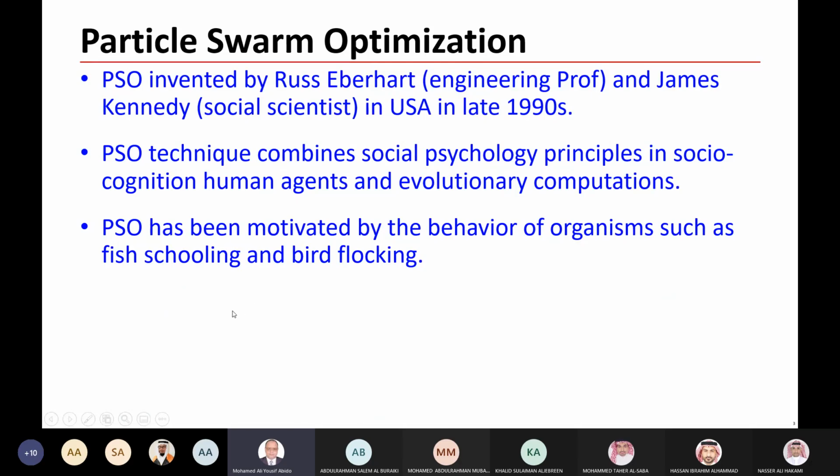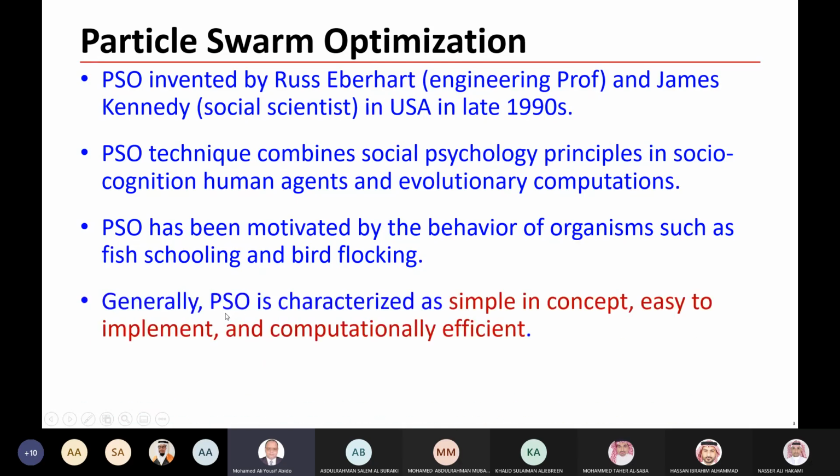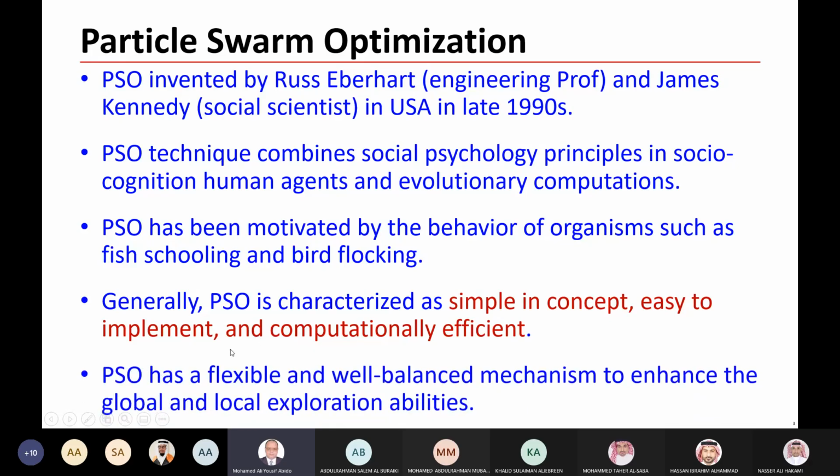So this technique balances between the local and the global search. And as we mentioned, probably, we covered this part. PSO is characterized by being simple in concept, easy to implement, and computationally efficient. Based on my own experience, and you can also find this in the literature, PSO outperforms the genetic algorithm.